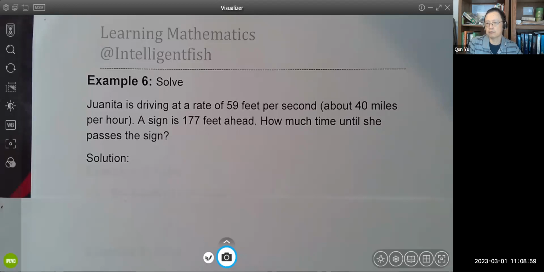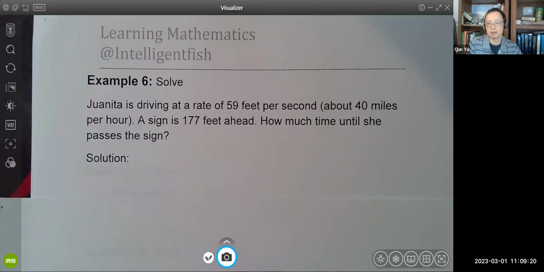Imagine if you don't fully understand the information, and as a result you set up a wrong equation, guess what? You don't need to solve it. It's already wrong. And hopefully this makes sense to you. So our goal is to understand the information and set up the correct equation. Then we do the calculation part.